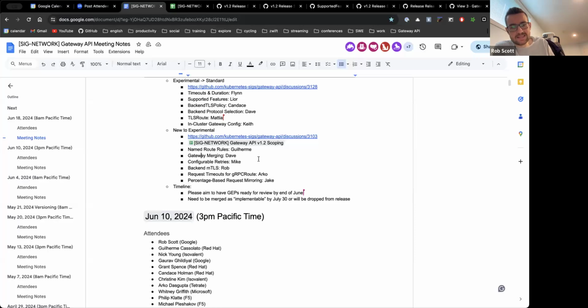If there are some people on this call that were around when the idea of route delegation was pushed forward back in the day, that was basically adding a layer of hierarchy at the route layer, an additional layer, and that was more complex than it seemed. And I feel like gateway merging is also more complex.